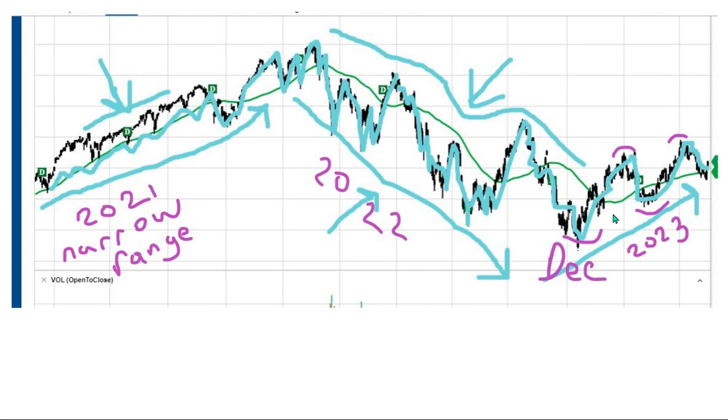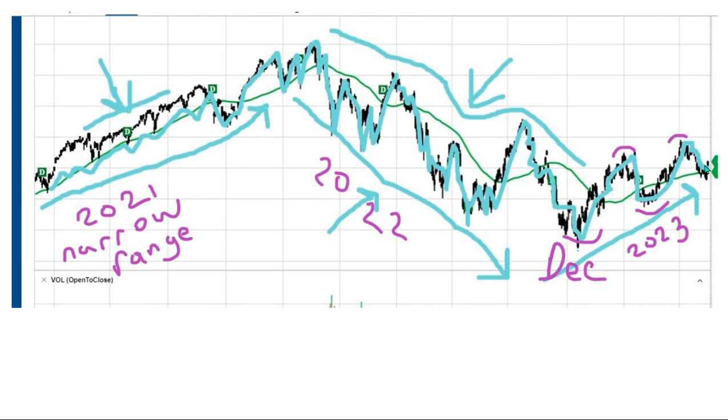Now in 2023, since December, we've had kind of an uptrend, okay, on a smaller time frame. And we can see this pivot low, a pivot high, and then a pivot low, and now another pivot high and a pullback into March.